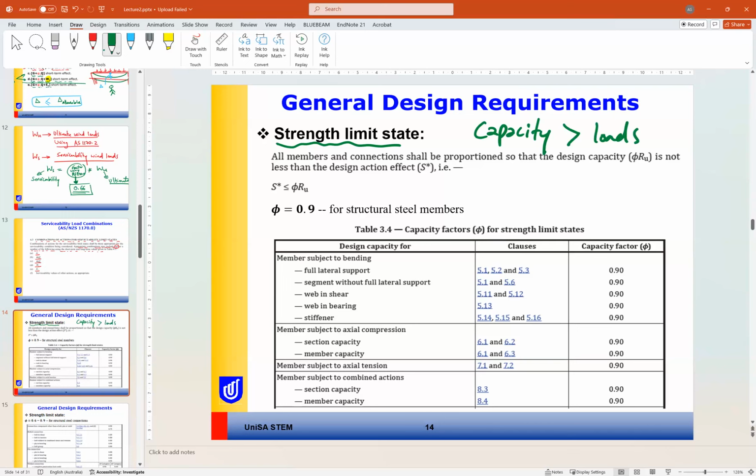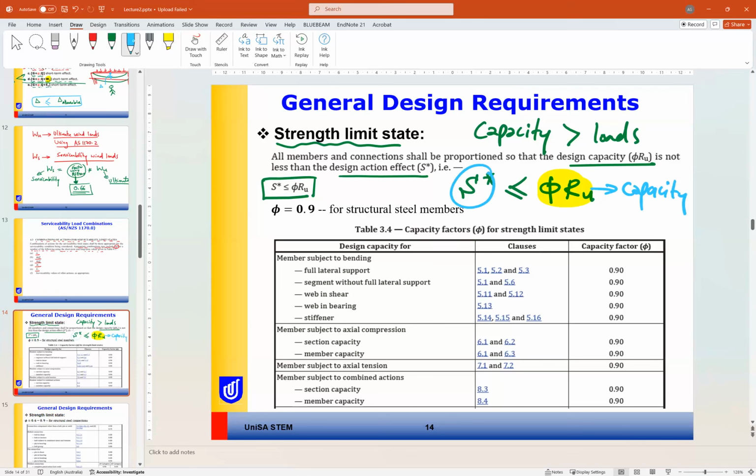In different form, all members and connections shall be proportioned so that the design capacity is not less than the design action effect S. In other form, S star is less than or equal to phi R U, where phi R U is the capacity, and S star is the applied load. So this is the concept.